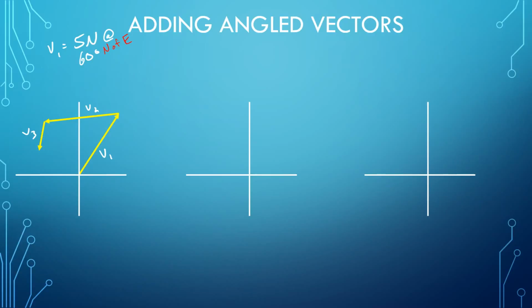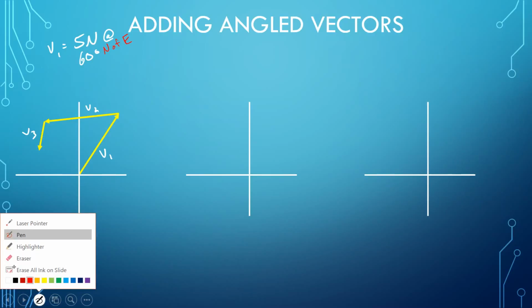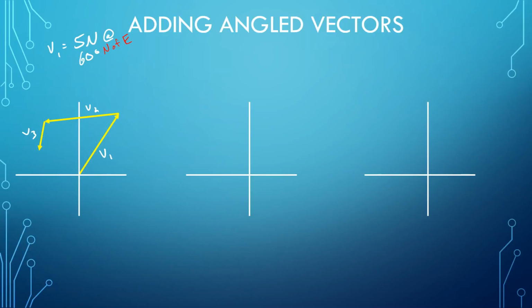And of course it changes color on me. Great. Let's say vector 2. I'm already running out of room. It's a little bit longer, so we'll say it's 6 newtons. We're going to say it's at 10 degrees south of west. Okay?